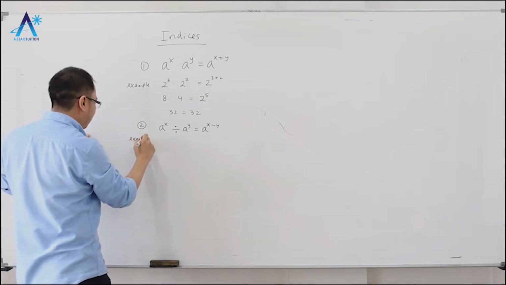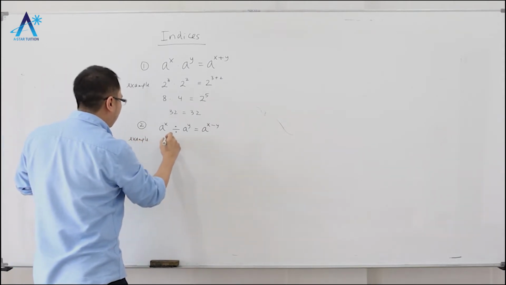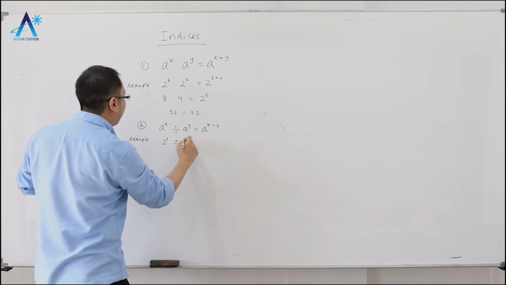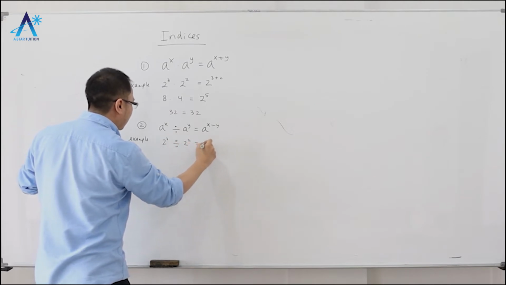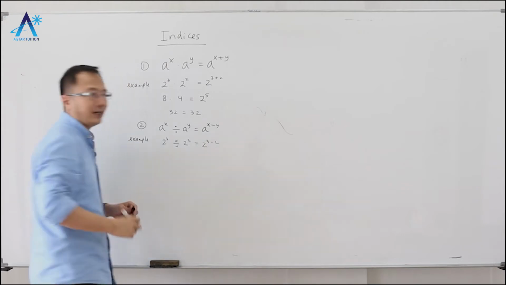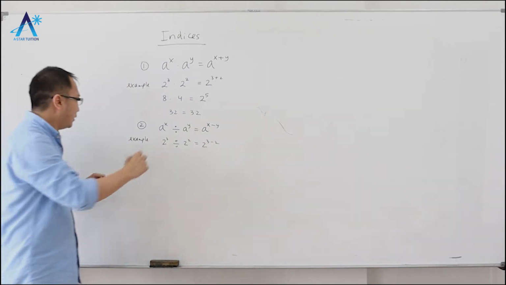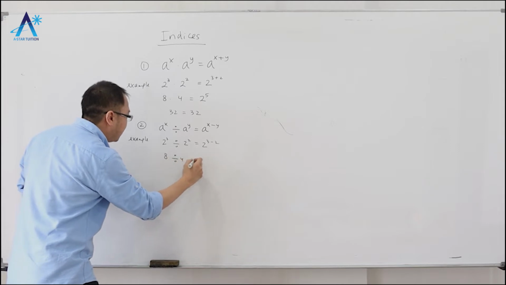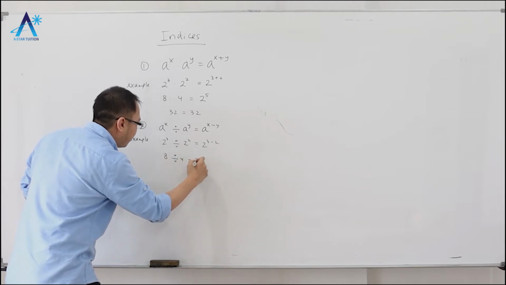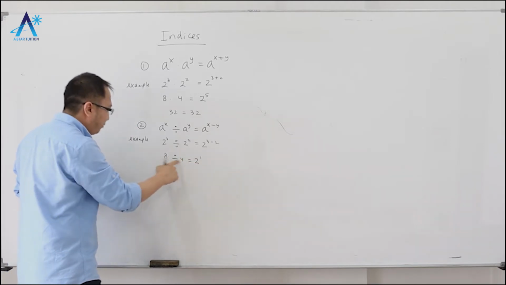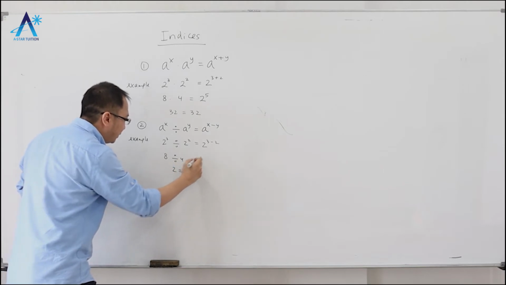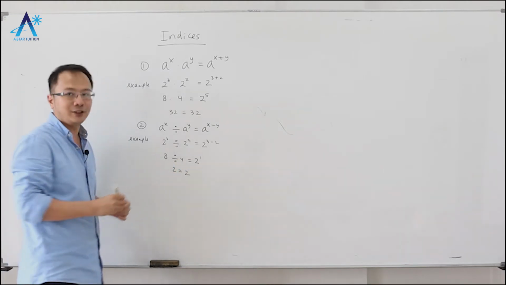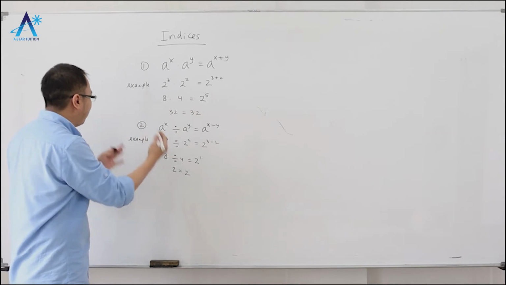Example, 2 cubed divided by 2 squared is equal to 2 to the power of 3 minus 2. 2 cubed here is equal to 8 divided by 4, while on the right hand side we have 2 to the power of 1. 8 divided by 4 is equal to 2, which is equal to this 2. So it has been verified.